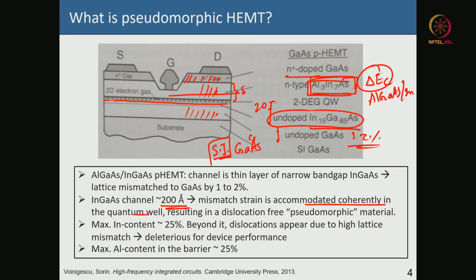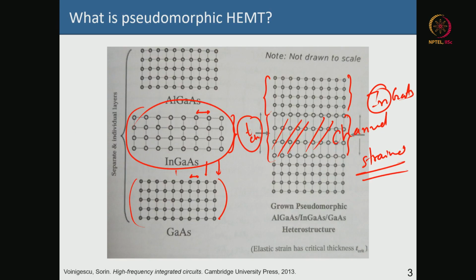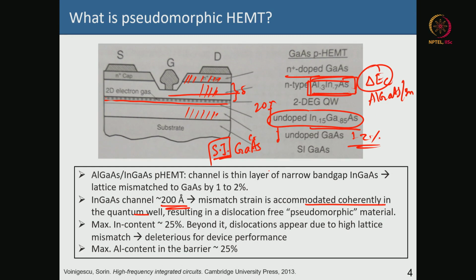This well takes the strain, it coherently accommodates it, and there is no dislocation because you do not let the layer relax. If you grow more than the critical thickness, say 40-50 nanometers of InGaAs 25%, yes, it will relax, it will create dislocations or extended defects.